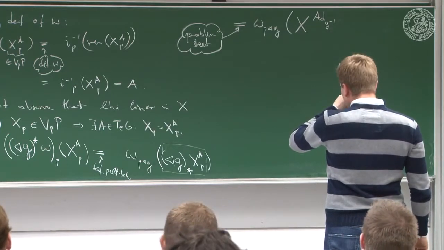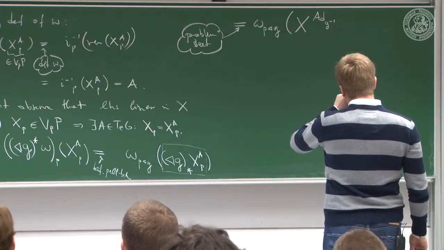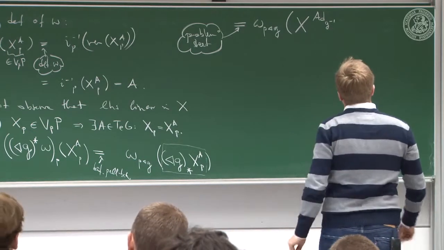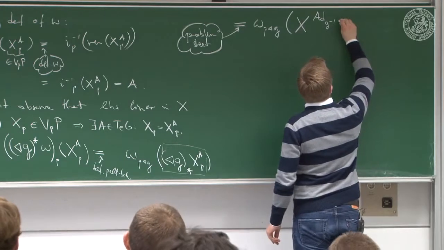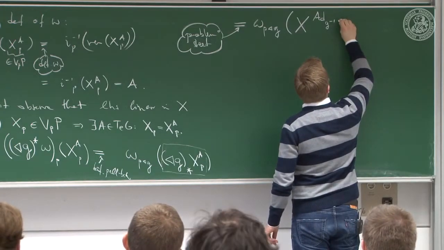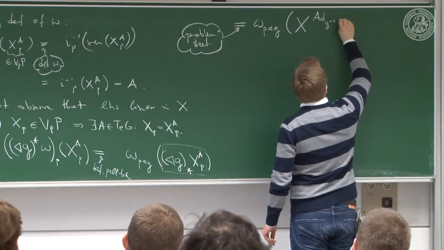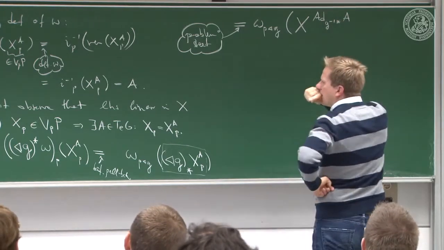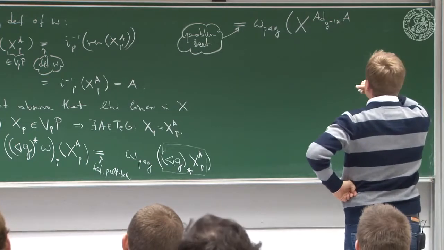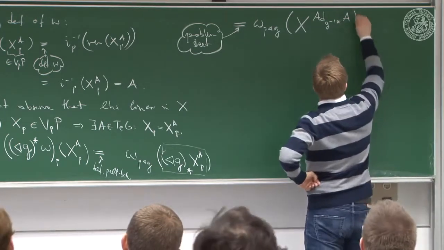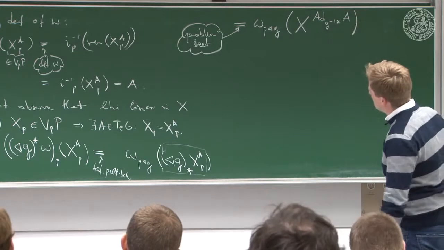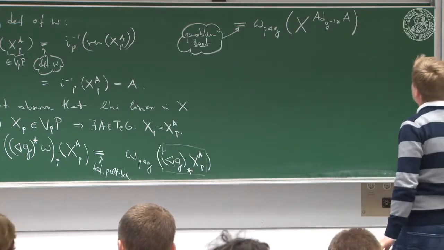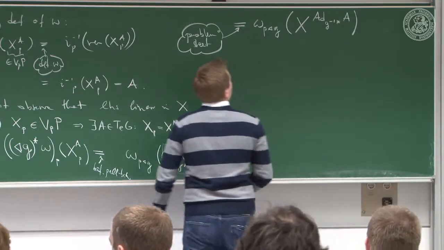It's generated by add G inverse acting on, we need a Lie group element on A. Push forward on A. Yes, I think that's right. So that's on the problem sheet. Okay, this is imaginable that it looks like this, and in fact it is like this.